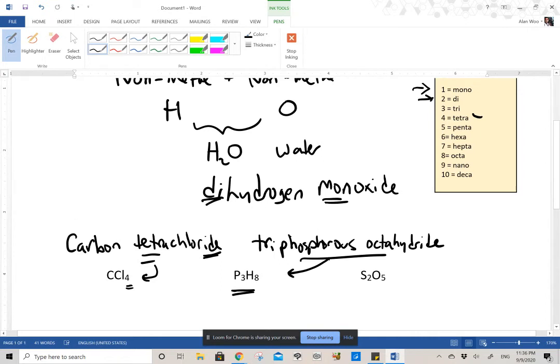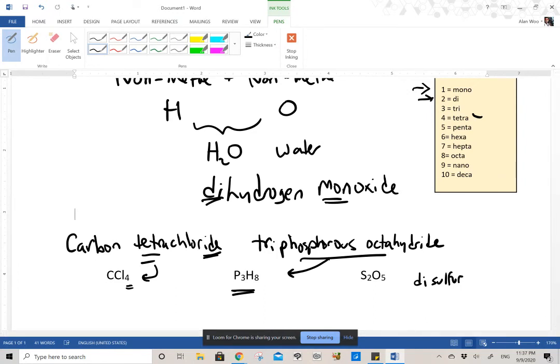The last one, you have two sulfurs. The prefix for two is di, so that's what you start with. It'll be disulfur, the full name of that first element. O is oxygen. There's 5 of them.